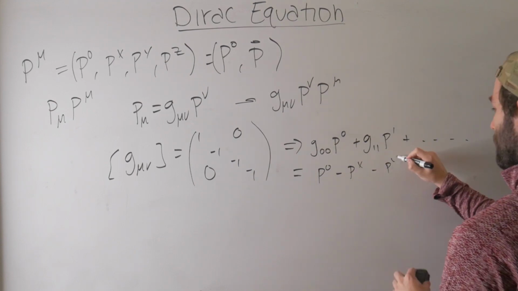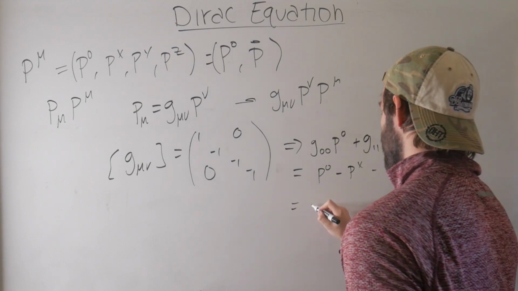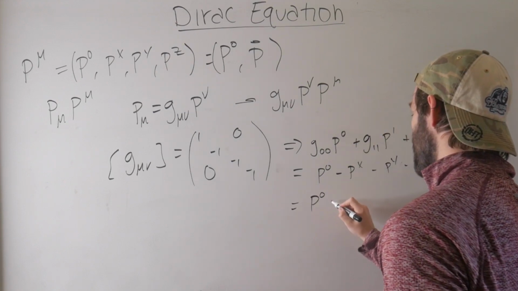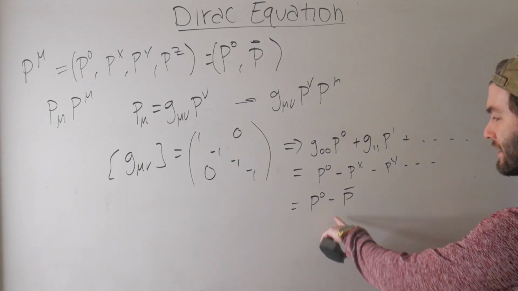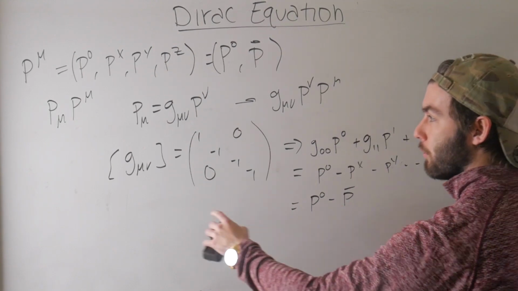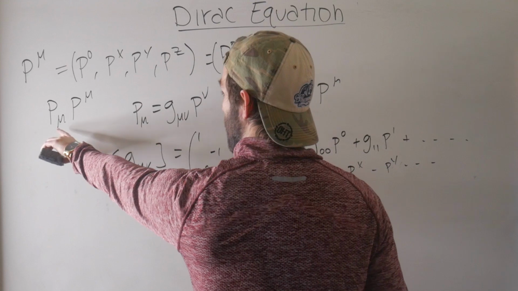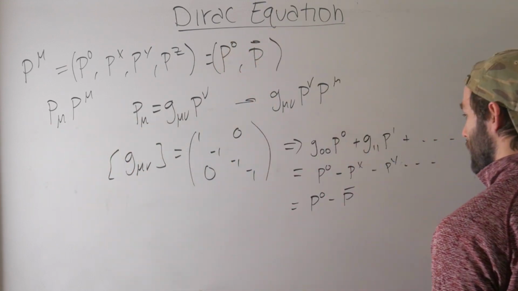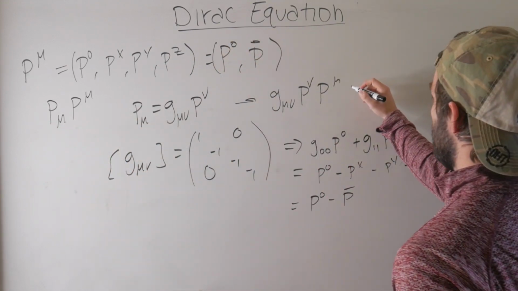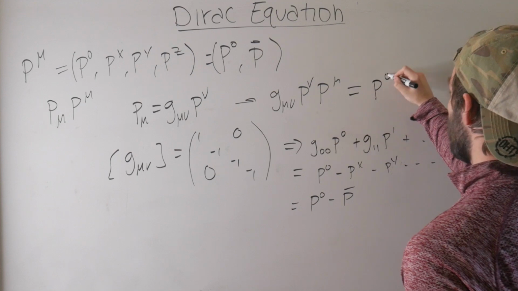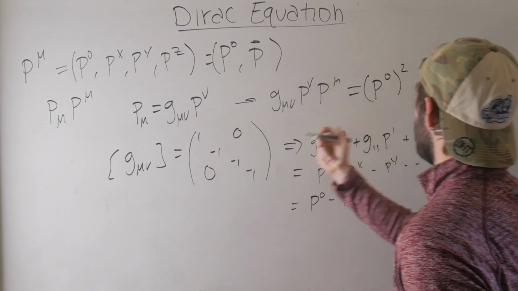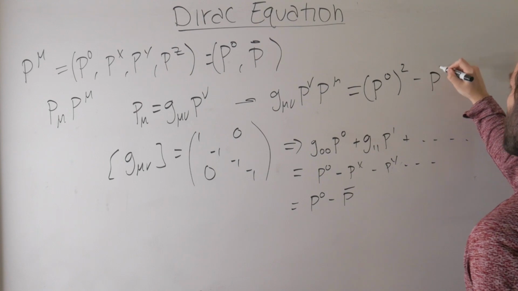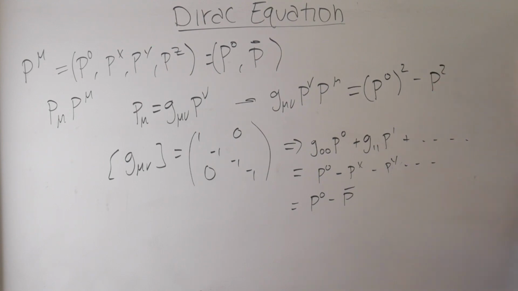So this is going to give us p^0 minus p vector. Okay, so that's where this minus comes in. So when we take the contraction of this vector with itself, what we get is p_0 squared, because the time bit is still positive, minus p squared, minus p vector dot p vector.